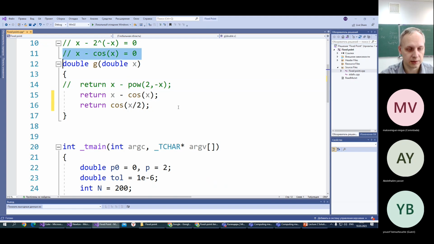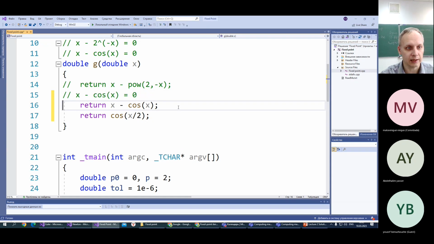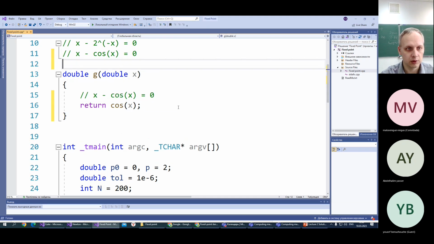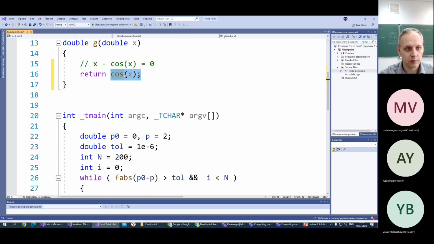The problem is x minus cosine x equals 0. This is the problem. What is the function g of x? Function g of x equals cosine x. That's all. This is our main point.